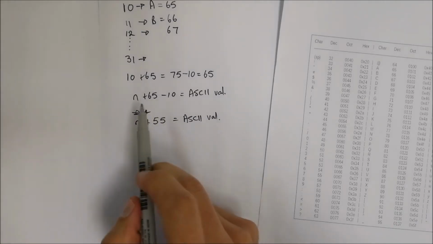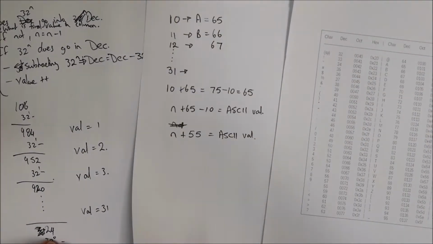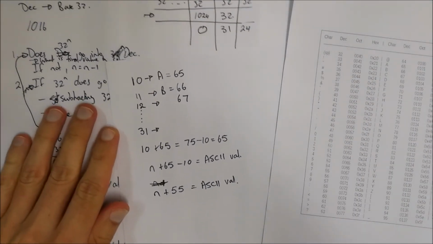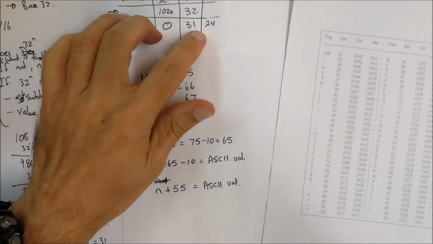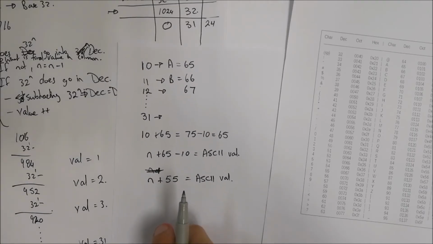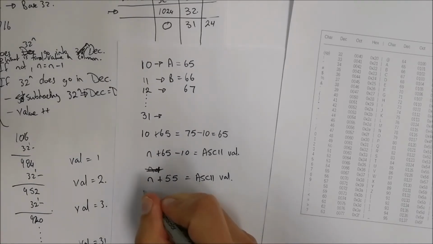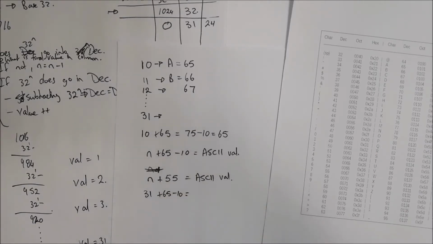Okay, so in this case, if we look at this example that we now looked at converting, which is 2016, we got one column that's got 31 and one column that's got 24. Can we use the same algorithm to calculate that? Okay, well, we've got 31 plus 65 minus 10.